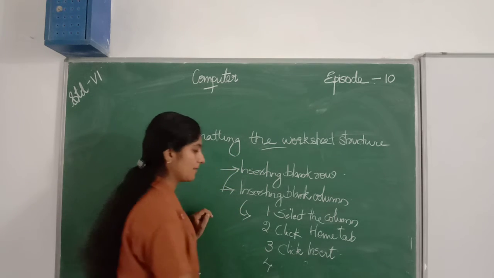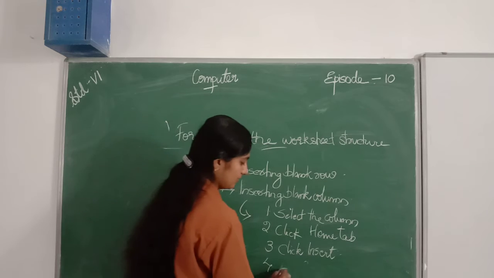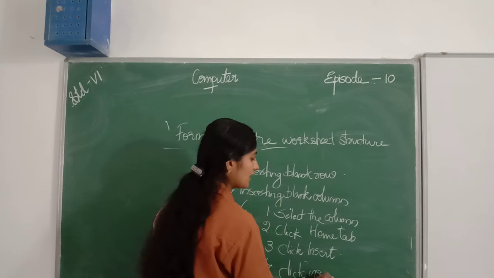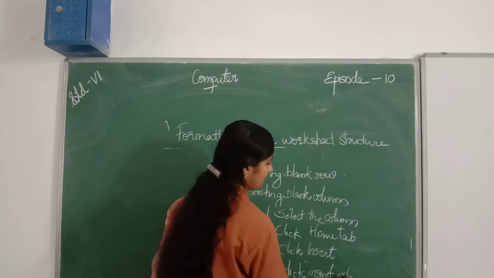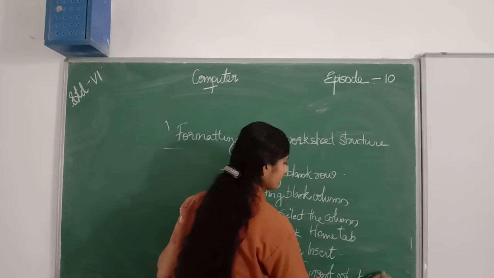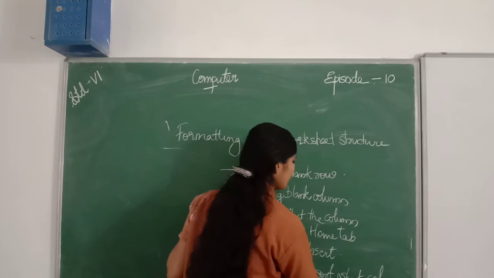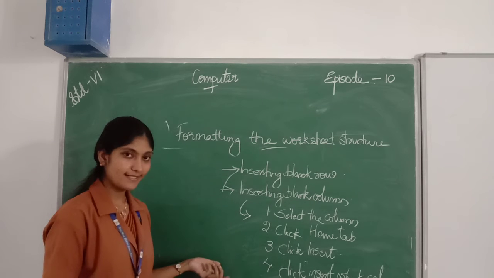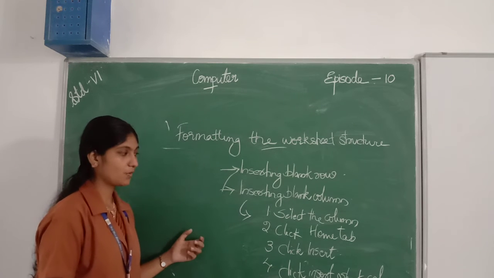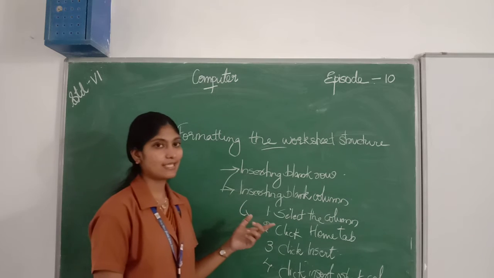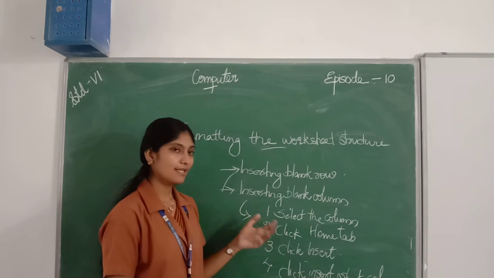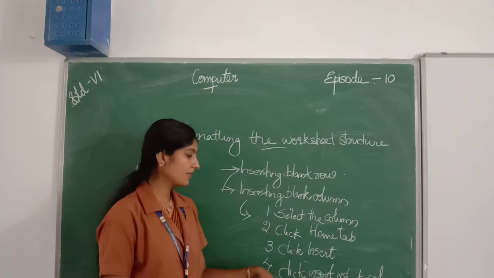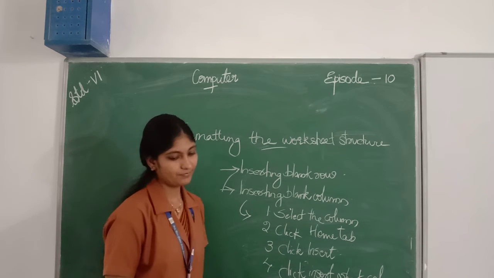Fourth step, click insert sheet column. So these are the steps for inserting a new blank column. What are the steps once again? First, select the column. Second step, click home tab. Third step, click insert. And fourth step, click insert sheet column.